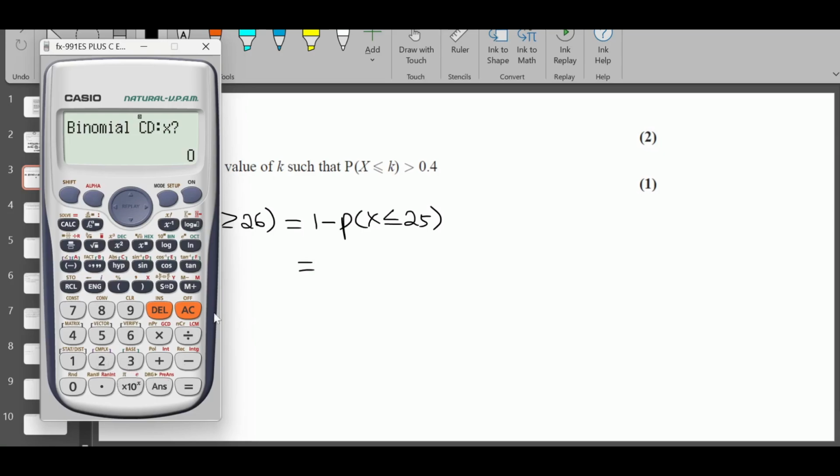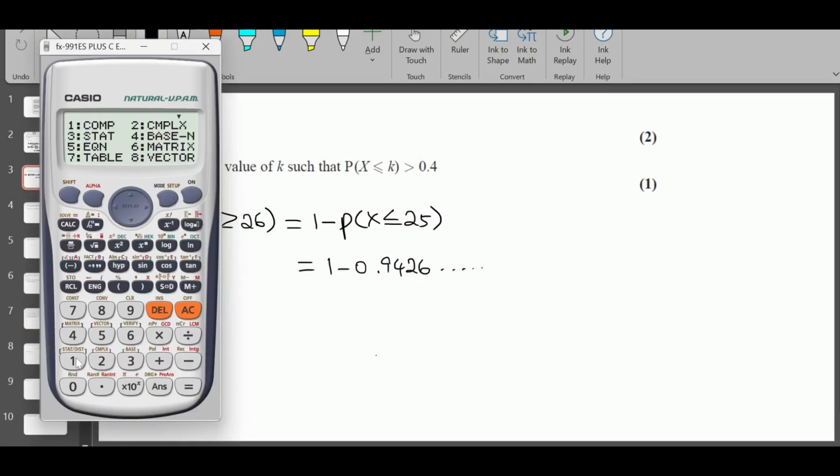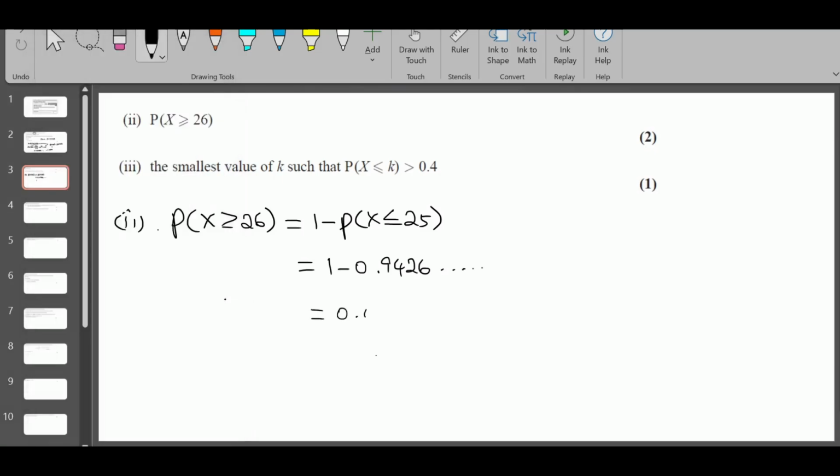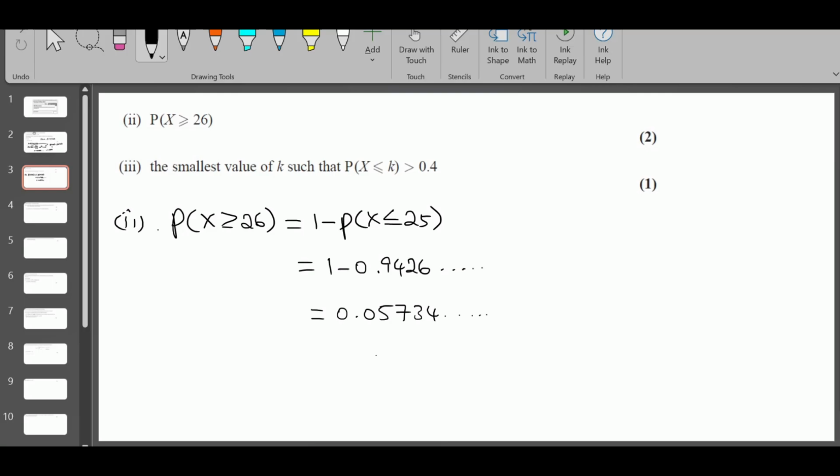So number 2: the x value is 25, n is 50, and the probability of success is 0.4. You will get 0.9426..., so 1 minus the answer is 0.05734..., which is 0.0573. That's all.